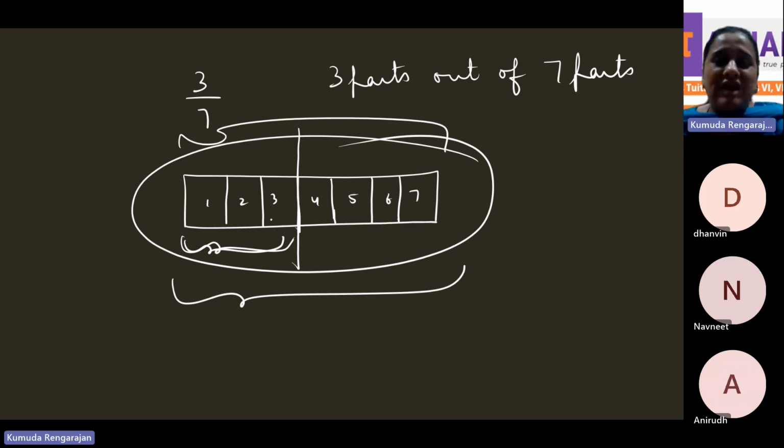So when it's a proper fraction, it is not even 1. The value of a proper fraction is less than 1, because you're not even getting one whole. You're getting less than that. So the value of a proper fraction is always less than 1.